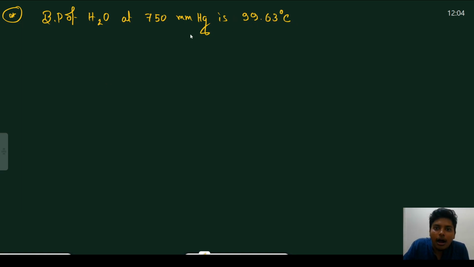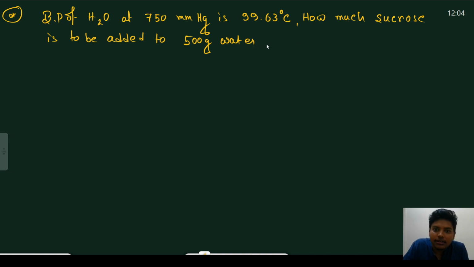How much sucrose is to be added to 500 gram of water, such that it boils at 100 degrees Celsius?